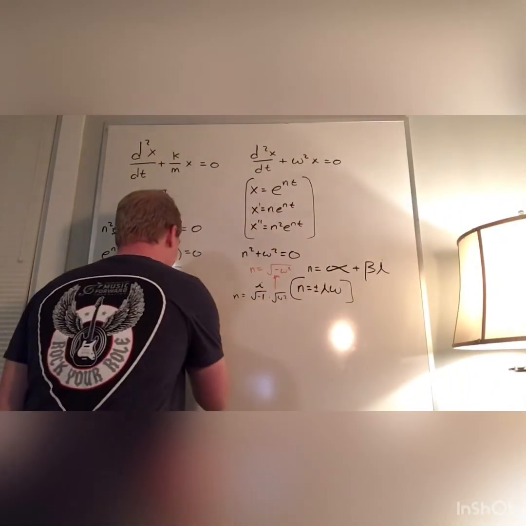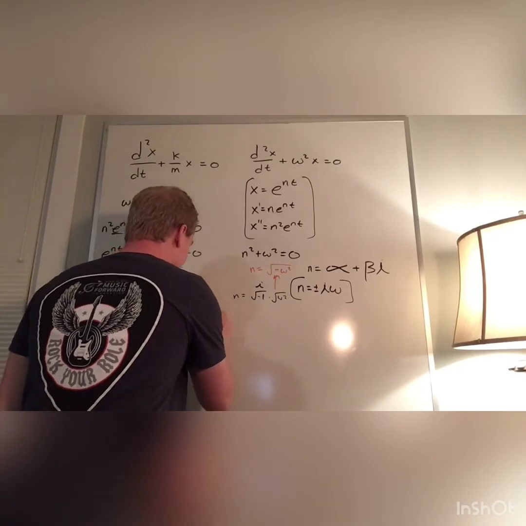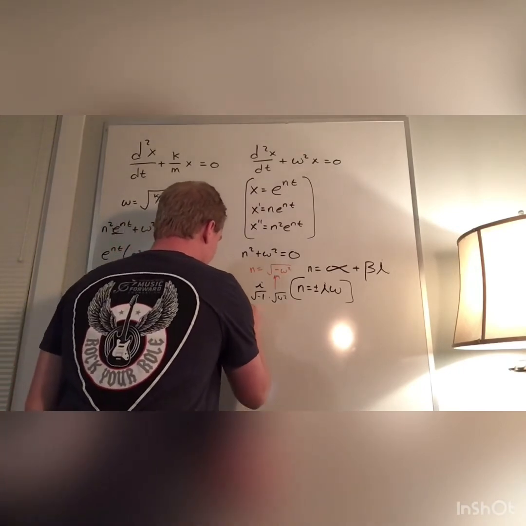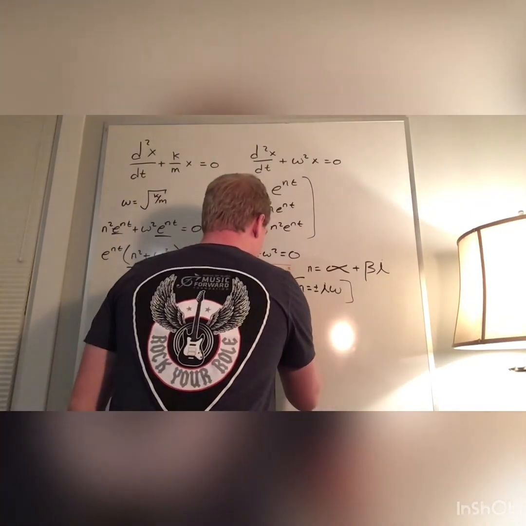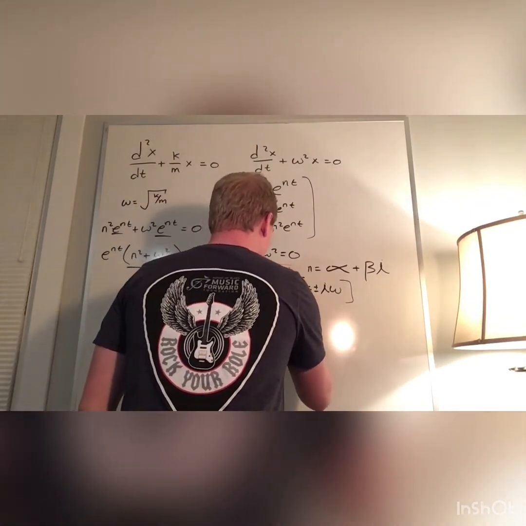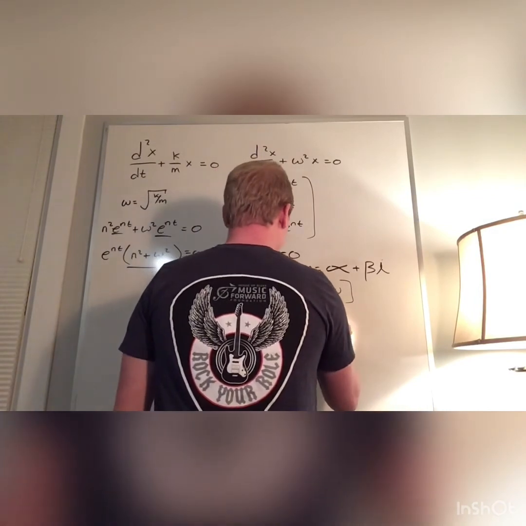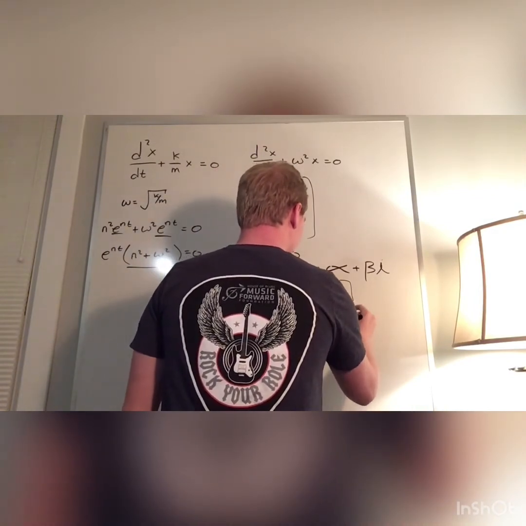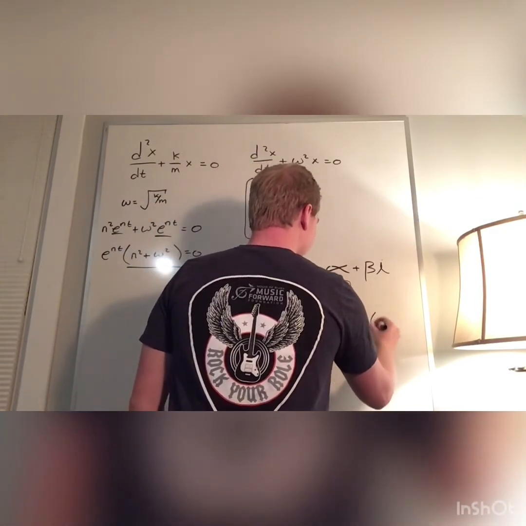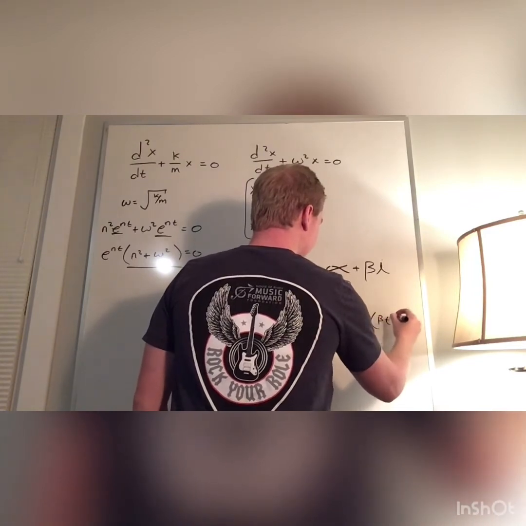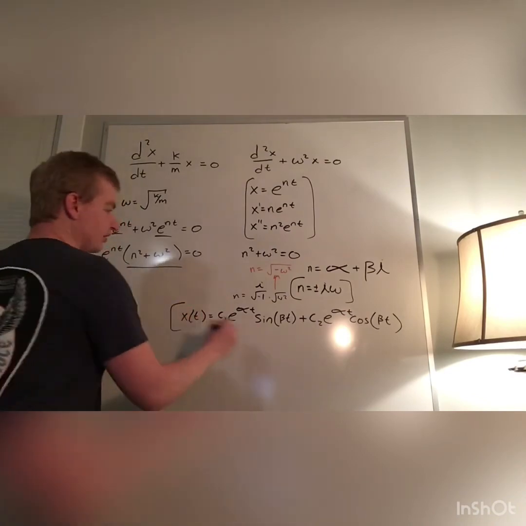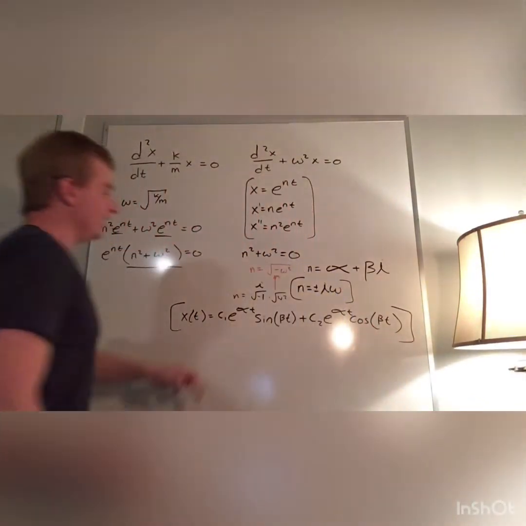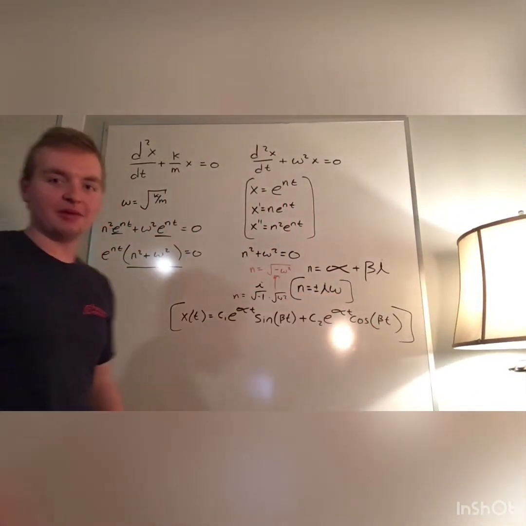And that is just x of t is equal to c1 times e to the alpha t sine of beta t plus c2 e to the alpha t cosine of beta t. Okay? So this is the general form of our solution when we have these complex conjugate roots.